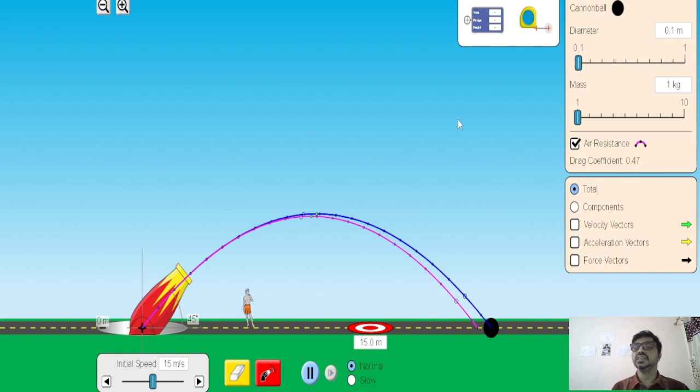Then you go for maximum size and least mass and project it. That's pretty bad. The deviation is pretty high in the second case. The highest size is going to have a very different path compared to the ideal situation where air resistance was not at all there.